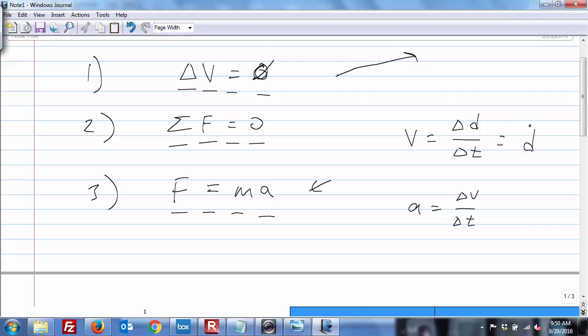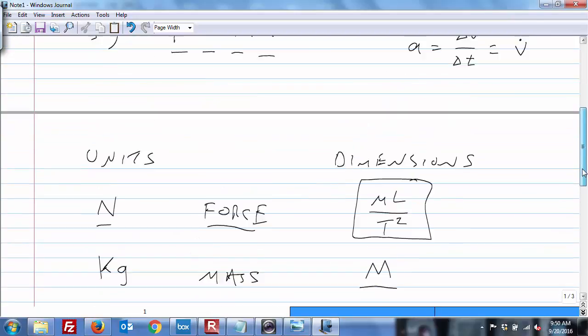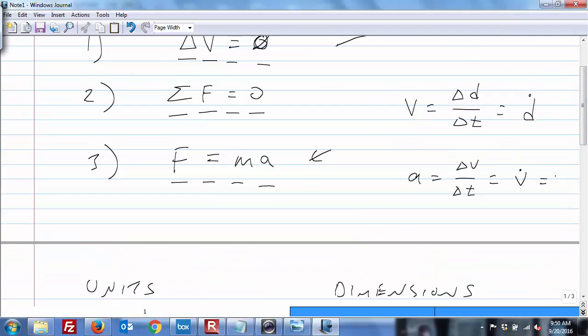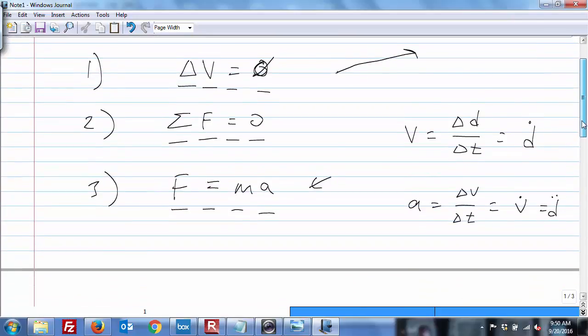Newton took it one step further: velocity equals d dot, where the dot means the rate of change, and acceleration equals v dot, which equals d double dot. We won't get into that, but those are the symbols he invented 300 years ago to explain how things move throughout the universe. Once you have derivatives, you can go back and do integrals.